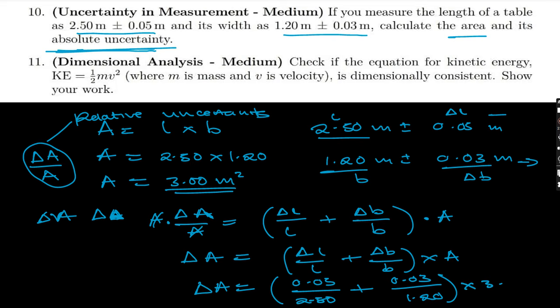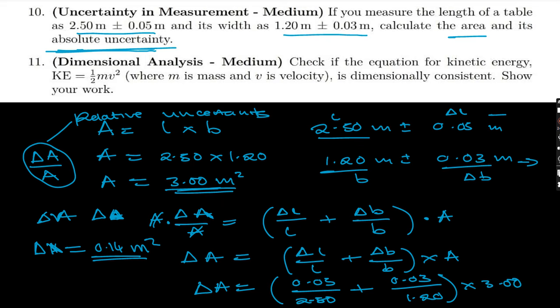Once you punch this on your calculator, you get our absolute uncertainty. After we round it off, I'm going to get 0.14 meters squared. So this is our absolute uncertainty.